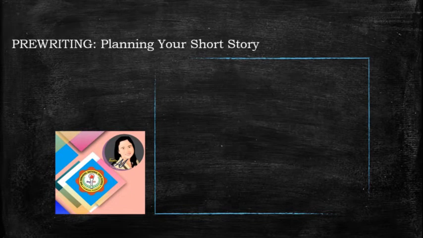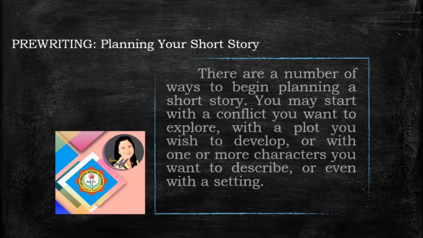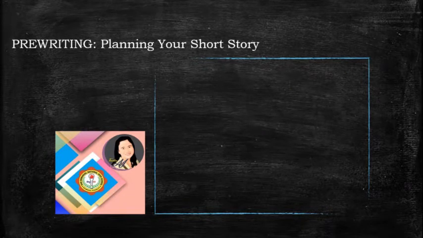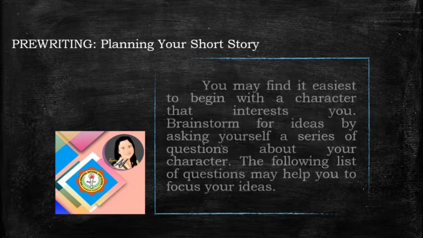There are a number of ways to begin planning a short story. You may start with a conflict you want to explore, with a plot you wish to develop, with one or more characters you want to describe, or even with a setting. Plan a short story by assembling details about characters, conflict, and setting, and making them work within a general plot outline. So you do outlining first before writing the whole story.